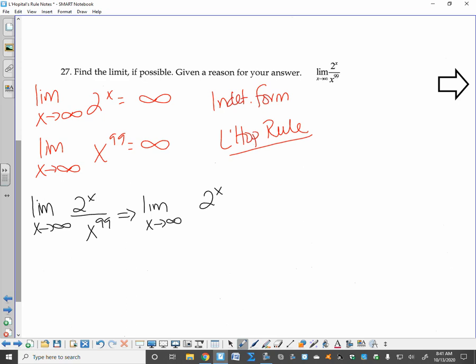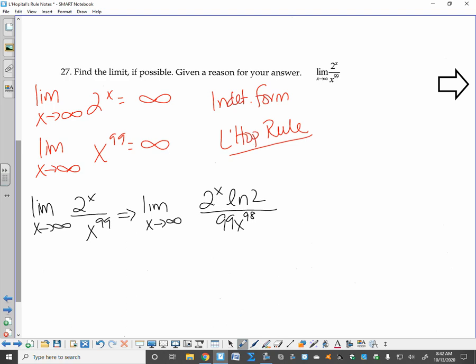Leave it. Derivative of the up times ln of the base. All right. 99x to the 98th. Okay, so 2 to the x, that's still infinity. ln of 2 is a constant. That's not going to do anything to infinity.